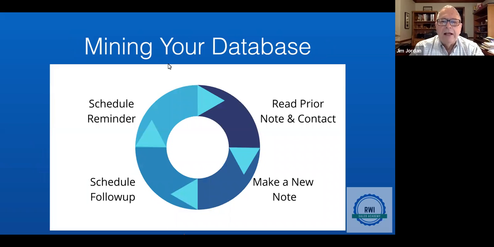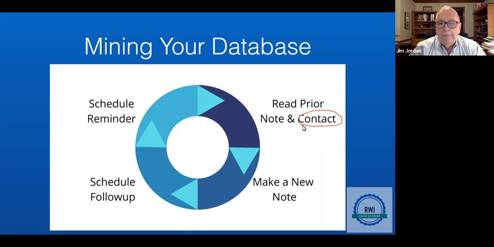So let's take a look here at just some of the basic things that you want to be involved with in your database. The first thing that you're going to do with your database is you're going to make a contact. So you're going to contact someone in your database.